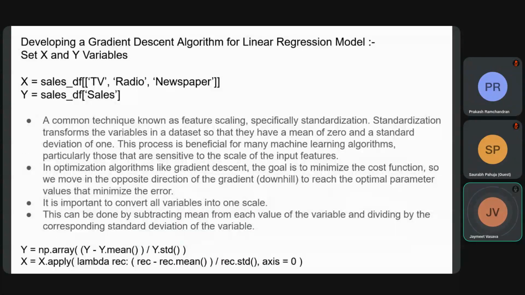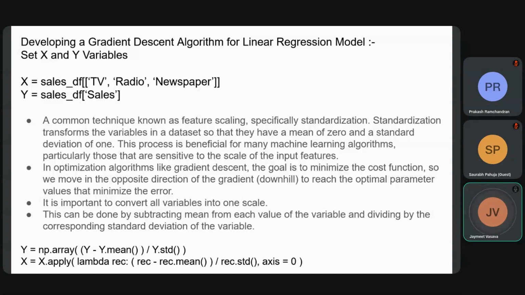As mentioned, we'll be using TV, radio, and newspaper in that order and try to predict the sales. Before that, we'll be using standardization to standardize values in the regression model.